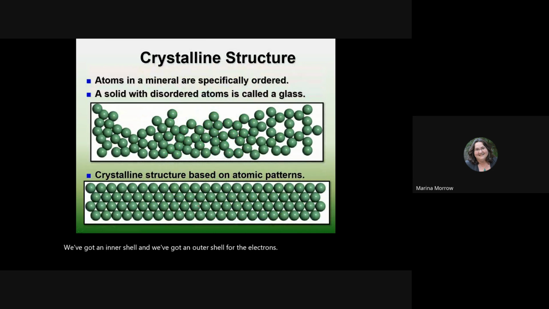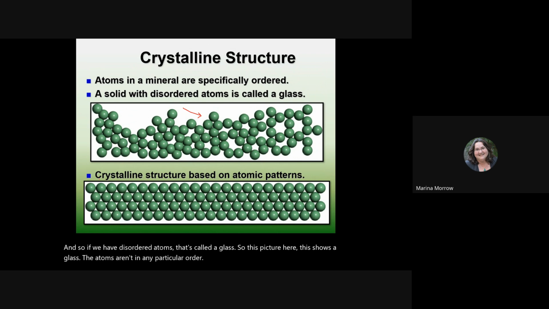Okay, so let's look at the crystalline structure. As we said, the atoms in a mineral are specifically ordered. And so if we have disordered atoms, that's called a glass. So this picture here shows a glass. The atoms aren't in any particular order.